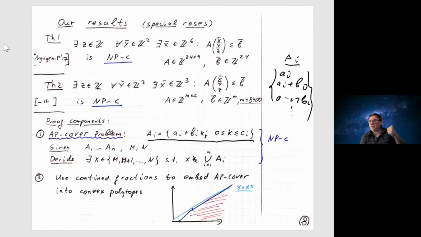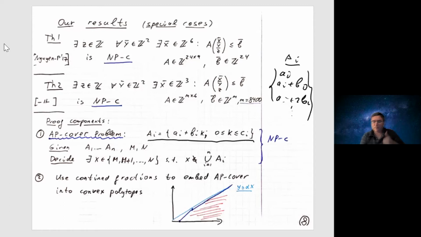Everyone clear about this? So checking whether all arithmetic progressions cover the interval is in co-NP. Checking whether there exists a point that's not covered is in NP. And that problem turns out to be NP-complete. Everyone clear?